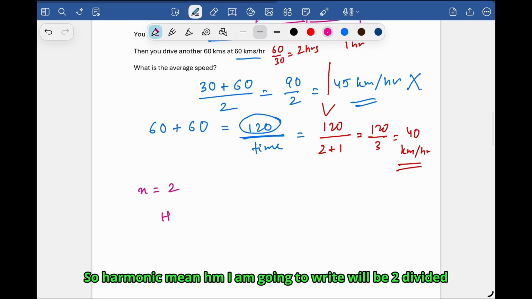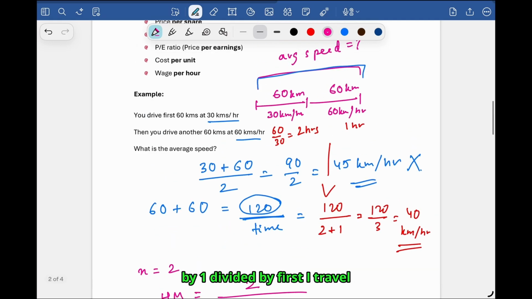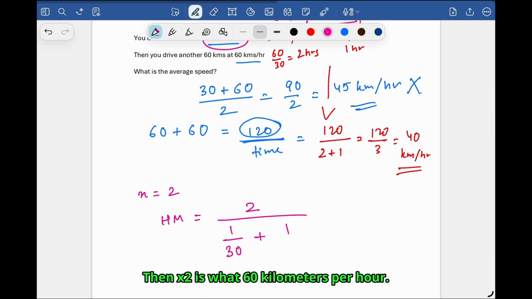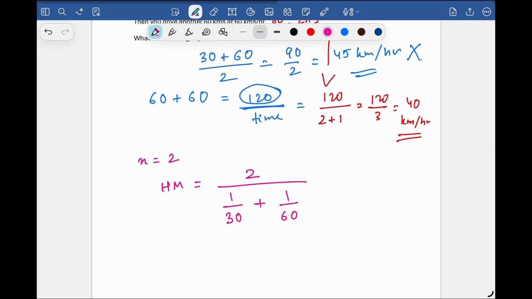So harmonic mean, HM, I'm going to write, will be 2 divided by 1 divided by, first I travel at 30 kilometers per hour, then x2 is what? 60 kilometers per hour, right?